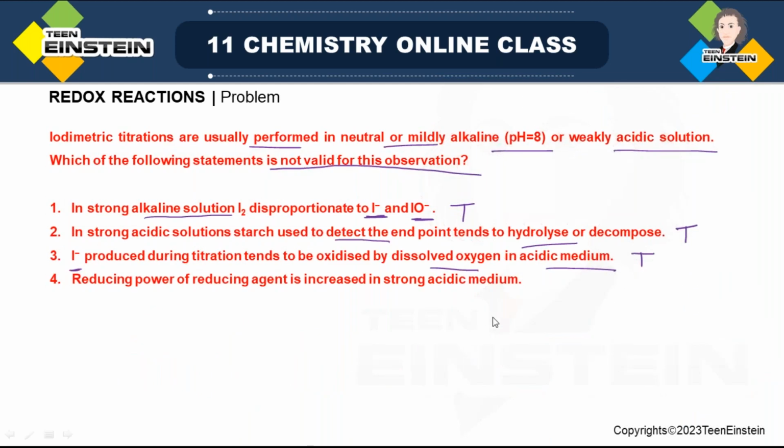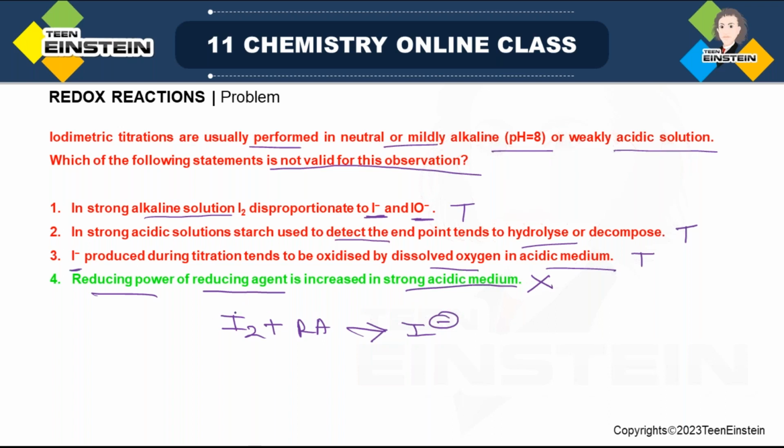Now the last statement, this is actually not related, and this is actually the correct option. It says that the reducing power of the reducing agent that we use in iodimetry is increased in strong acidic medium. Remember, in iodimetry there is only one reaction involved; it is converted to iodine. But this general statement you cannot make, because that may depend on what type of reducing agent you have taken.